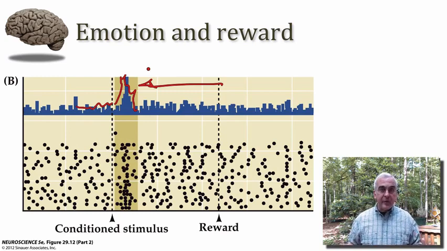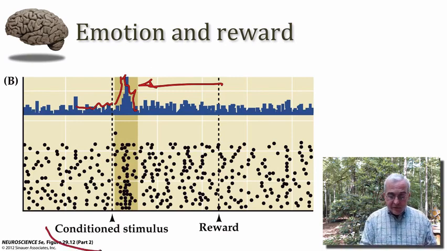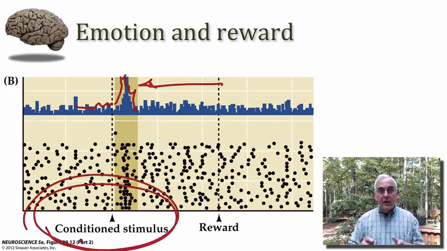Whatever the experience or the substance of abuse happens to be, increasingly over time, the firing of the ventral tegmental area neurons, the release of dopamine, and the activation of the reward circuit becomes associated with the conditioned stimulus. Not so much anymore the consumption or the experience of the substance of abuse or the experience of abuse.